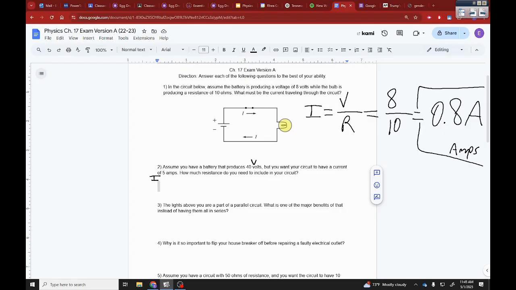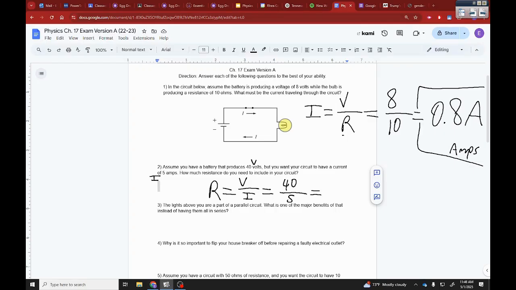So I'm going to use this same equation, I is equal to V over R, but I'm going to solve it for R. Since R is on the bottom here, all I got to do is multiply that up and divide the I down. So we get resistance is our voltage divided by the current. So 40 volts divided by 5 amps.